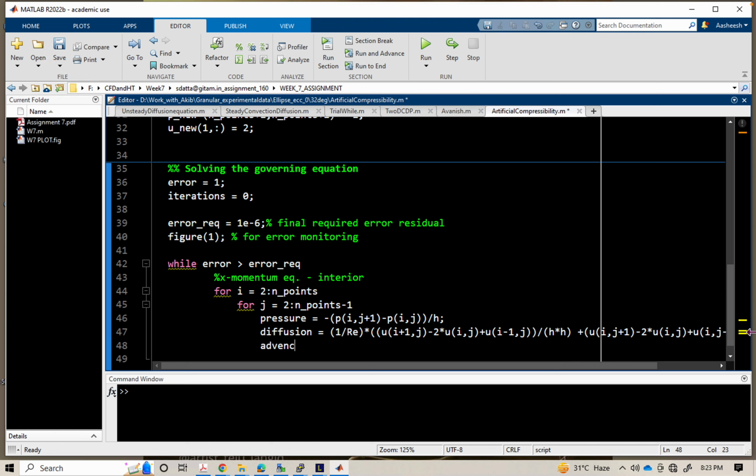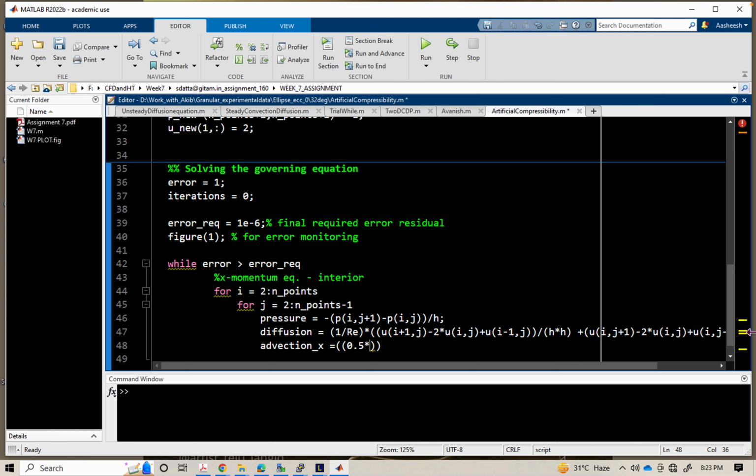So let's write advection in the x direction, meaning the left hand side term in the x direction, which is 0.5, 1 by 2. Why I am writing 1 by 2 is because of the staggering I did.